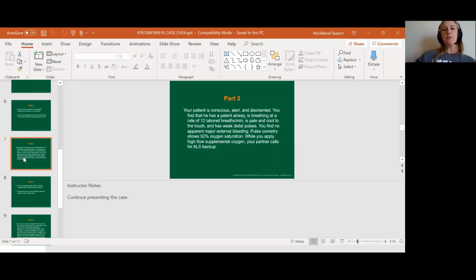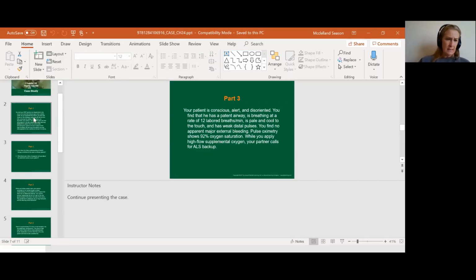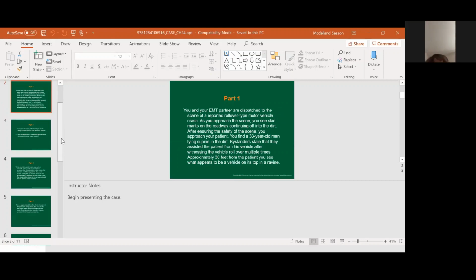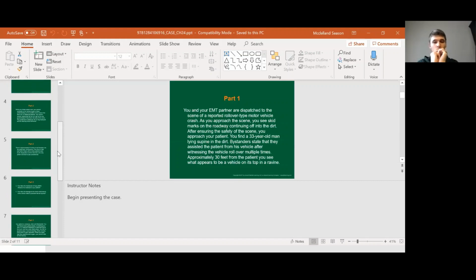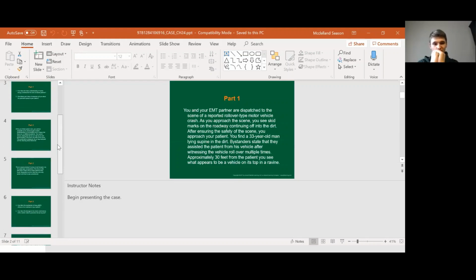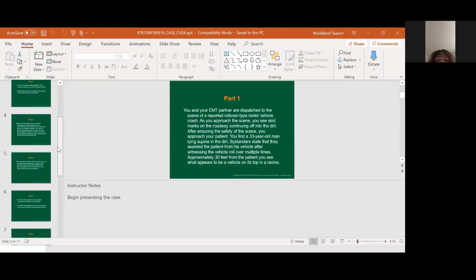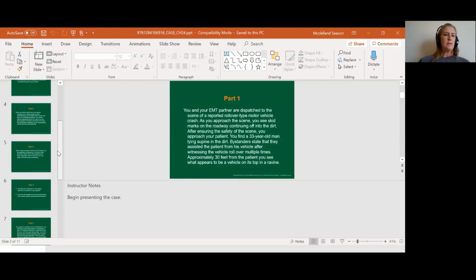So what types of accessory muscle use might we see in this patient? Would you see tripod position? We could see tripod position. Was he standing up or was he seated? Do we know? Does it say anywhere? It says he's lying supine in the dirt.